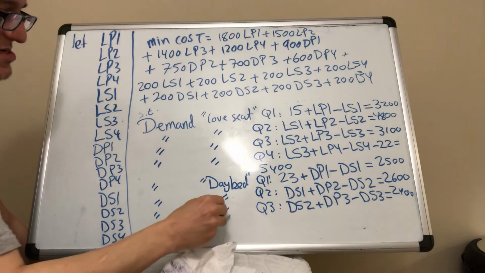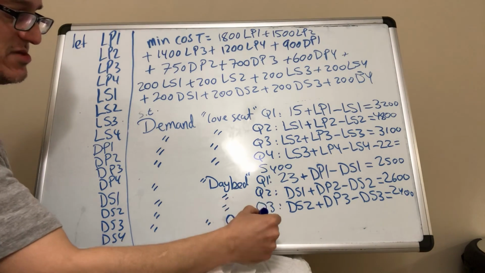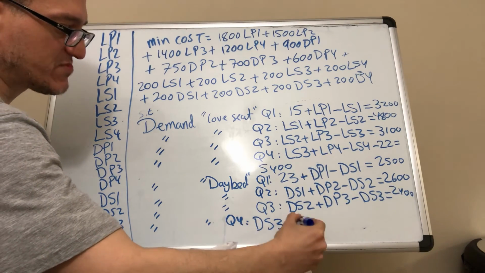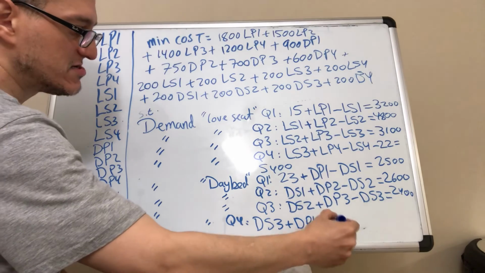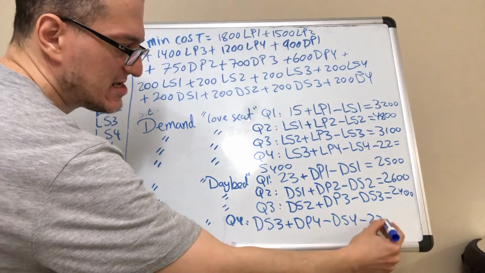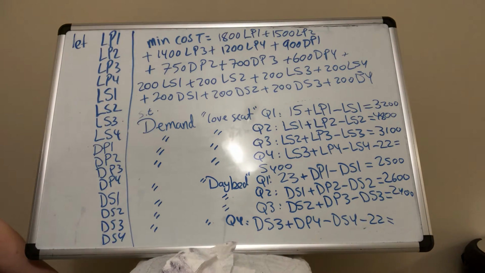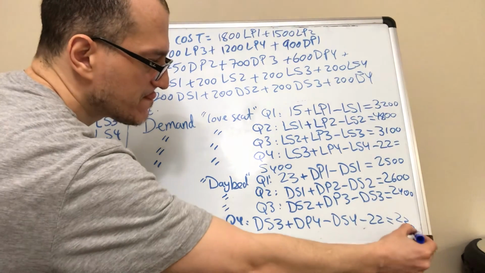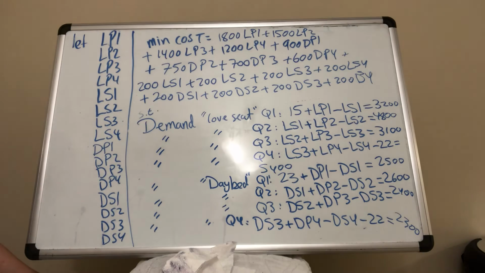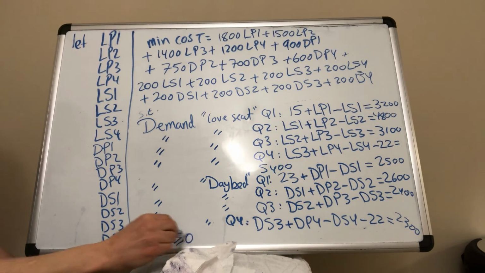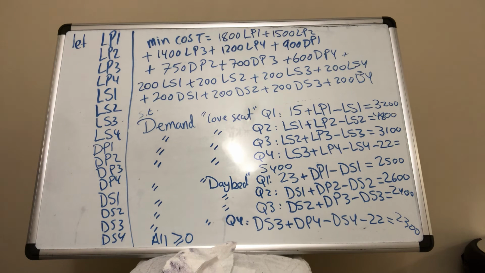And finally, Q4, you have some stored from the previous quarter, you can produce some, store some, you gotta have 22 at the end, and this must satisfy demand here, and it's 2,300. This would be all for the question. You don't need to do anything. Oh, well, you always have to say all variables must be greater than or equal to 0.